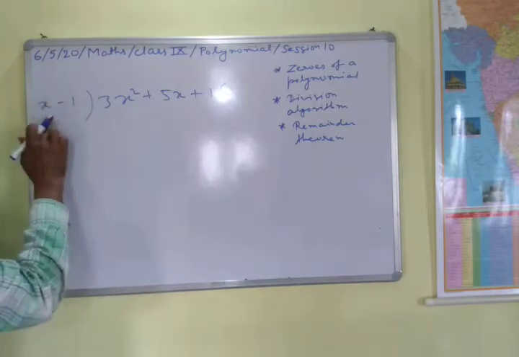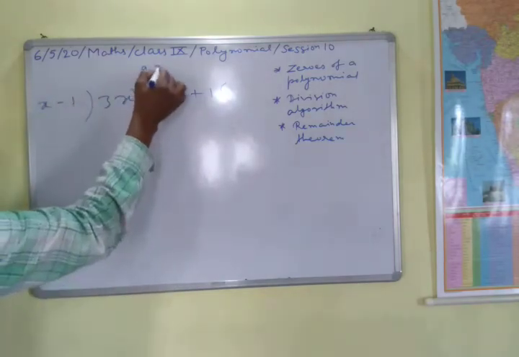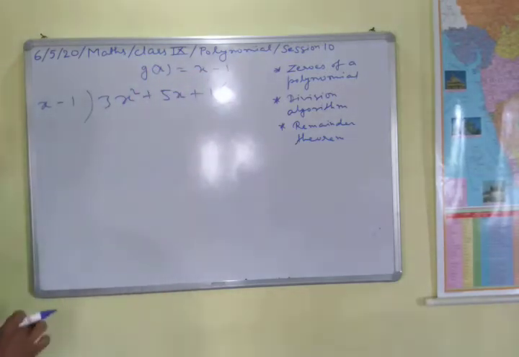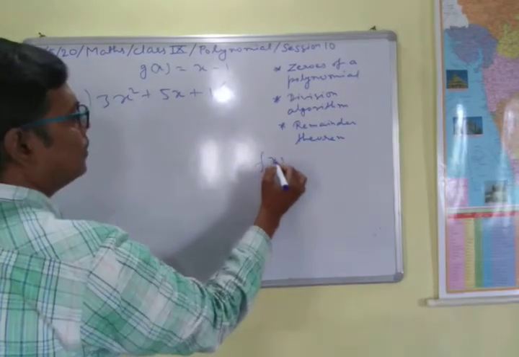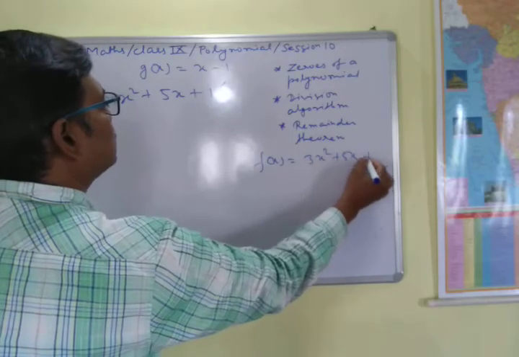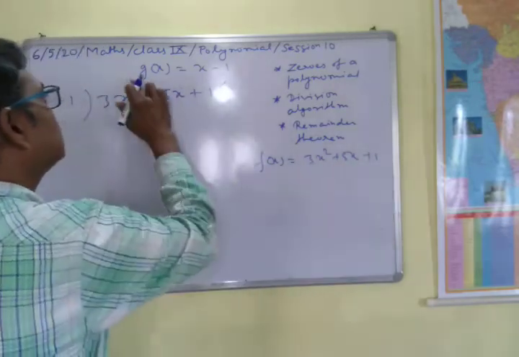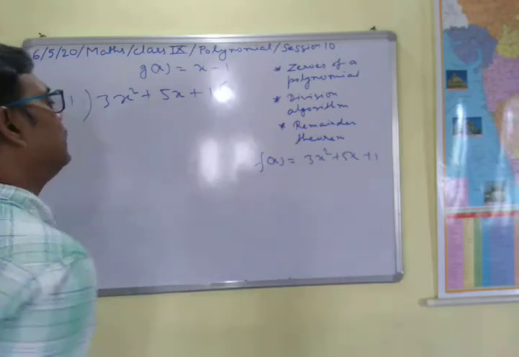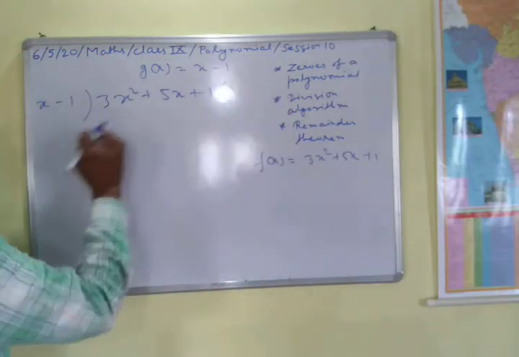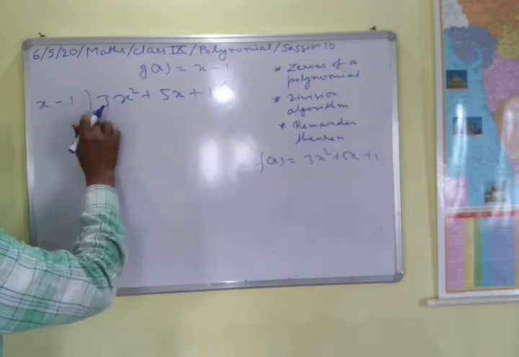Here g(x) equal to x minus 1, and f(x) equal to 3x square plus 5x plus 1. So f(x) is the dividend and g(x) is the divisor. Now divide this: x minus 1, and we have to bring this 3x square here.